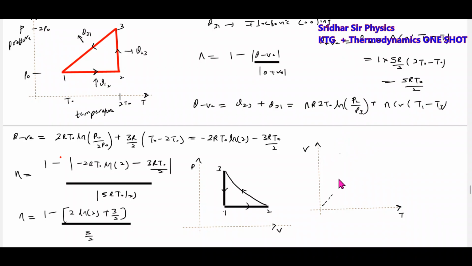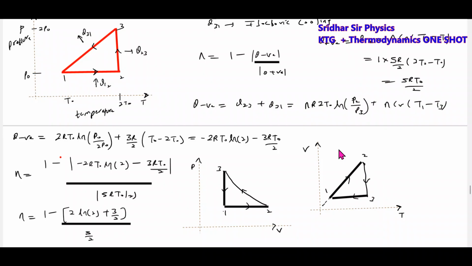Isobaric process. Volume will increase, so it will be like a straight line. Yeah, fine. Next, afterwards, isothermal compression. Then isochoric cooling. These are the graphs. This will be point 1, 2, 3.